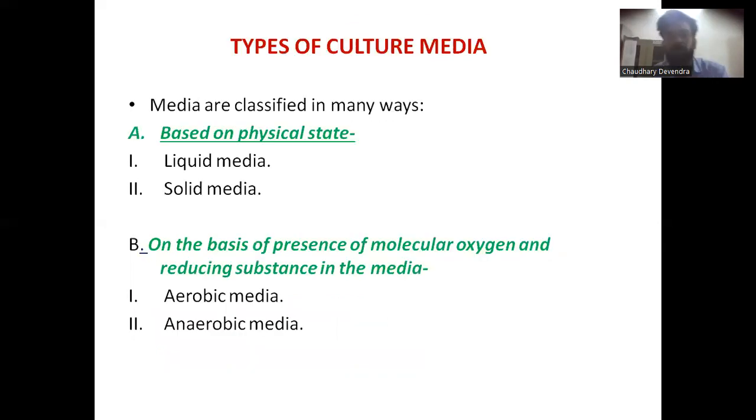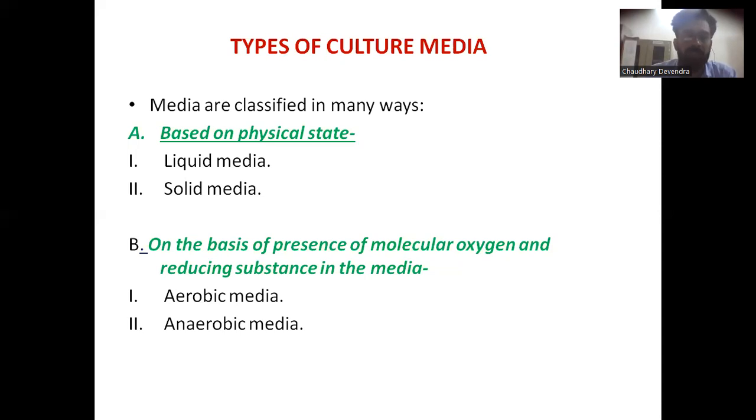Now, types of culture media, or we can say classification. Based on physical state: liquid, solid, and there is one more, semi-solid. We missed it, but the first one is liquid, second one is solid, and there is semi-solid medium also. And on the basis of presence of molecular oxygen and reducing substance in the media, we divide the medium into two types, aerobic and anaerobic.